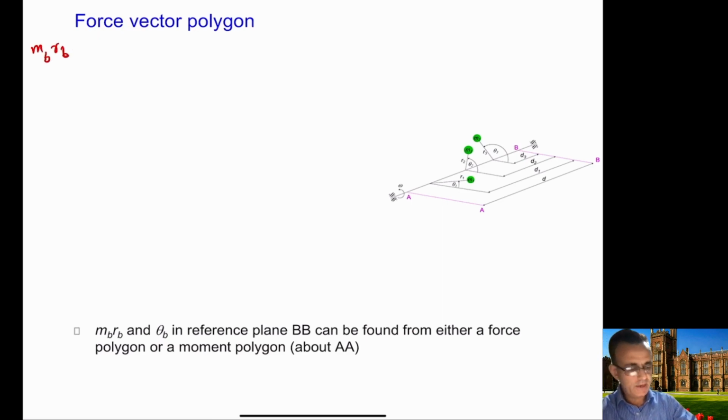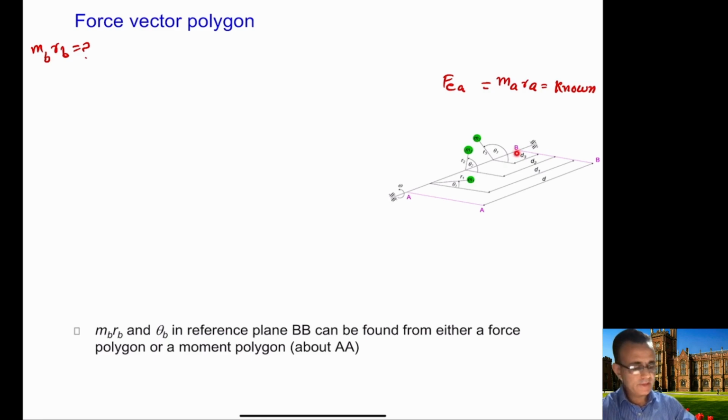Now, as we also know MARA, and we need to calculate MBRB, and MARA is now known, and which is again a centrifugal force. So FCA, which is in this location here, and now we want to calculate the MBRB.